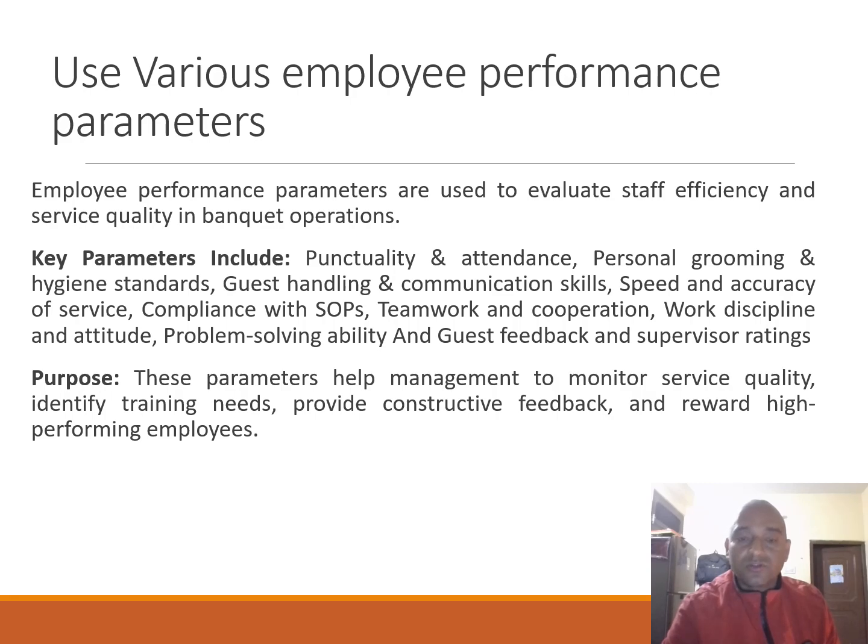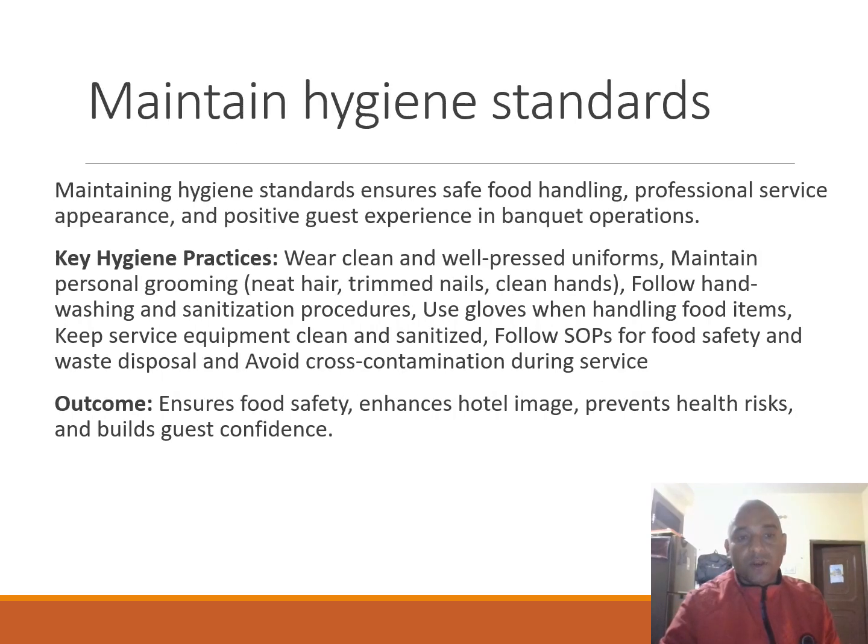Key parameters include punctuality and attendance, personal grooming and hygiene standards, guest handling and communication skills, speed and accuracy of service, compliance with SOPs, teamwork and cooperation, work discipline and attitude, problem solving ability, and guest feedback and supervisors' rating. The purpose of these parameters is to help management monitor service quality, identify training needs, provide constructive feedback, and reward high performing employees.